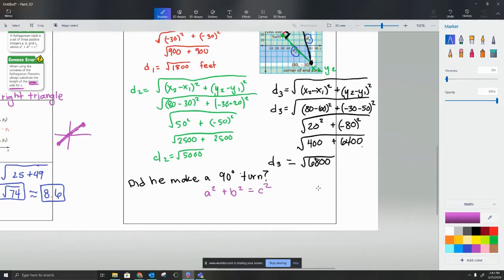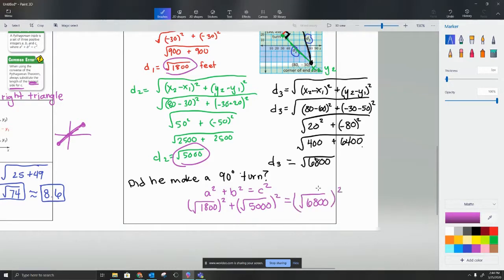My a and my b are going to be my legs right here, D1 and D2. I'm going to put the square root symbols in there. So the square root of 1,800 squared, because that's the a, it's being squared, plus the square root of 5,000 squared, and c is going to be equal to my D3 measurement, the square root of 6,800 squared.